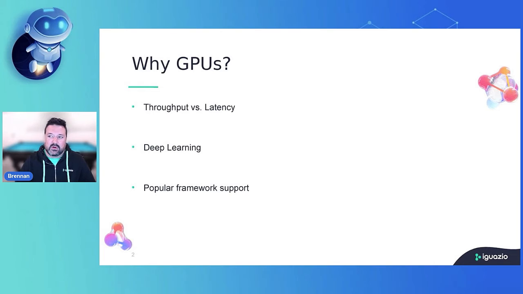So when we talk about why you would want to use a GPU versus a CPU, you have to think about throughput versus latency. Let's just talk about training for a moment. Training a model with thousands and thousands or even millions of images, you're talking about a lot of throughput there, right? But in training, you don't care so much about latency. It's going to take hours. That's fine. You're going to wait for your model to be trained. Latency is not really a concern.